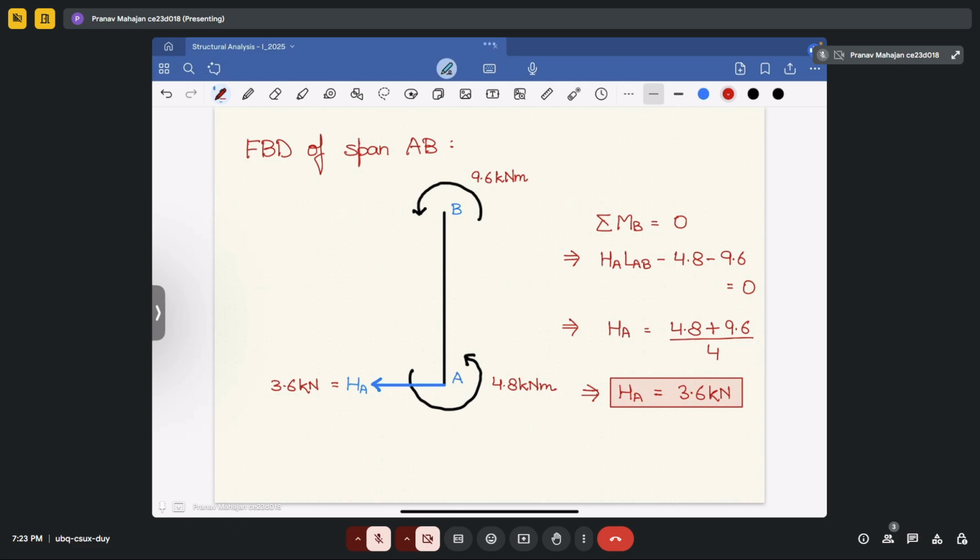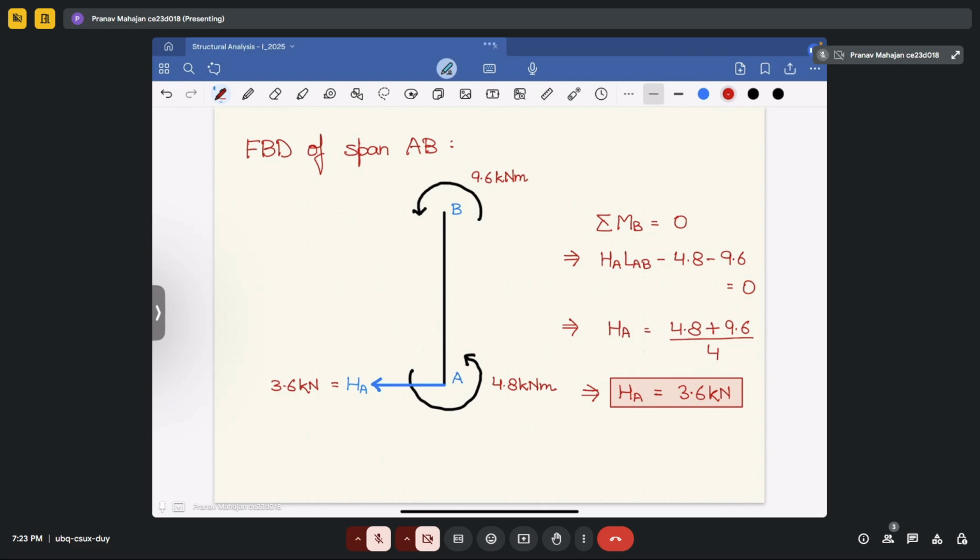Okay, so this is how you will utilize the concept of the displacement method and try to solve problems which are indeterminate in nature. We have seen how to solve problems related to the force method, and also the displacement method.